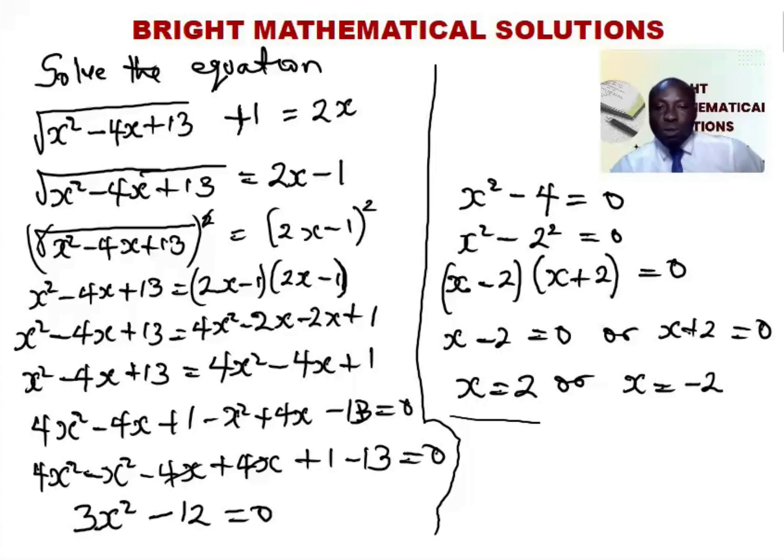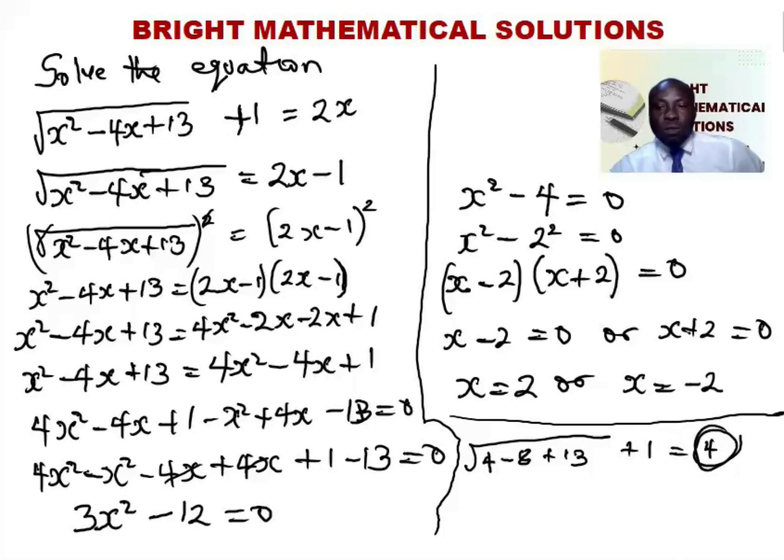Let us quickly do a check to see whether we are correct. Let us check for 2. So if we substitute 2, that will be 4 minus 8 plus 13, plus 1, and it should equal 4.